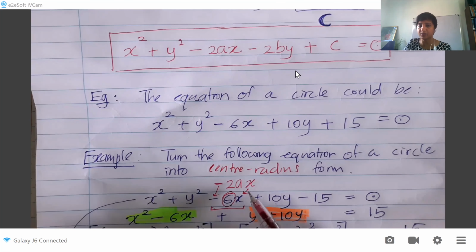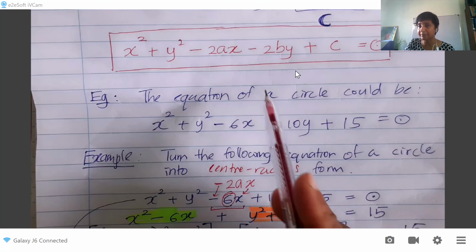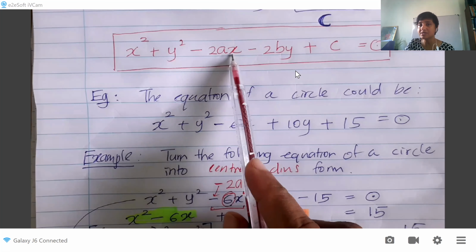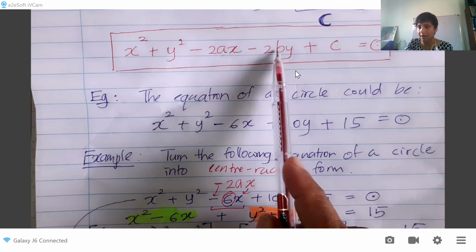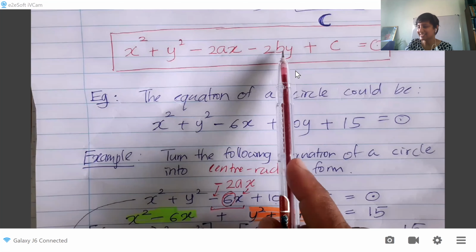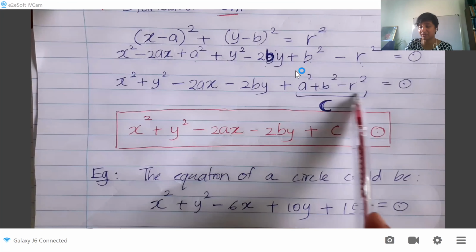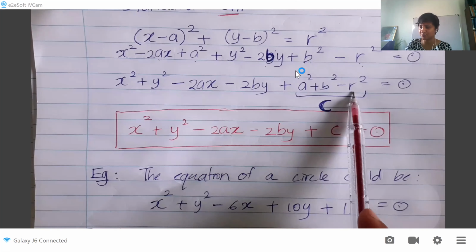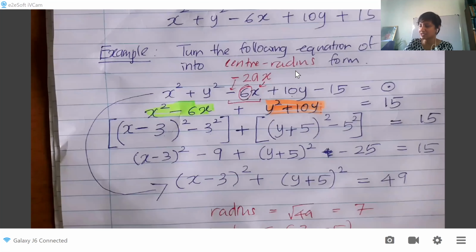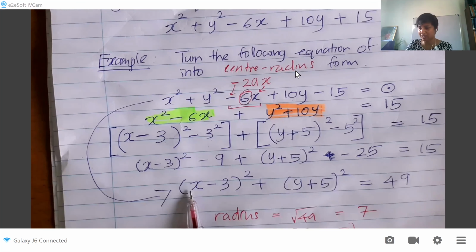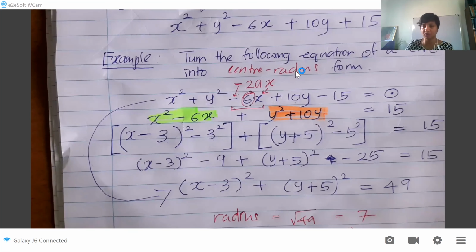By matching up with the form, you can get what a and b are. And then for c, by matching up with that, you can figure out the r. That's another way too. But here what we did was, we just turned it into the form so that automatically the center and the radius appear.